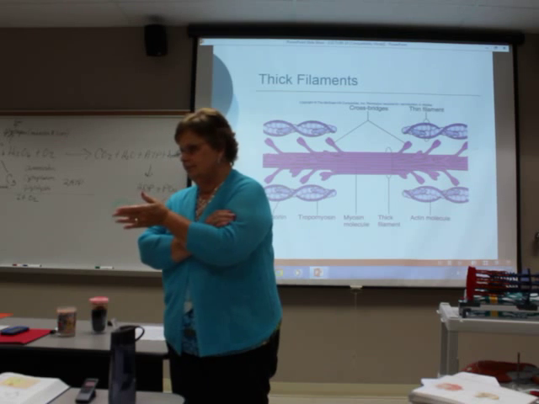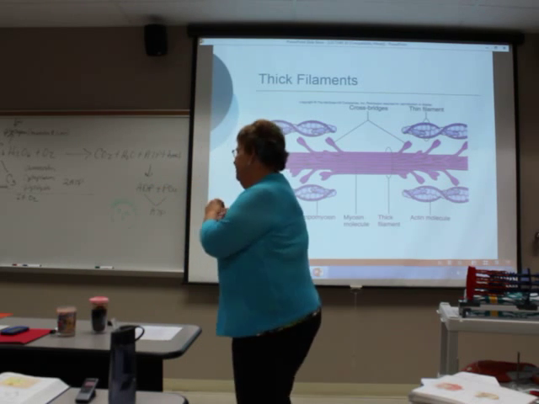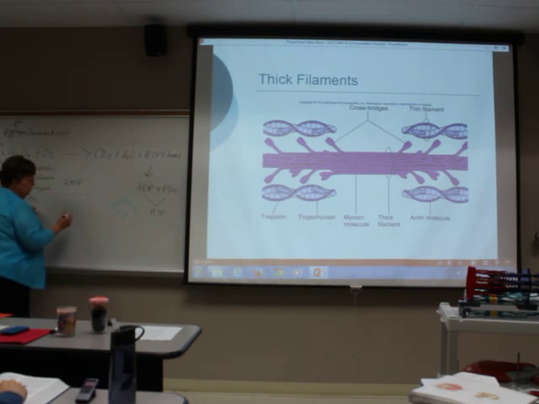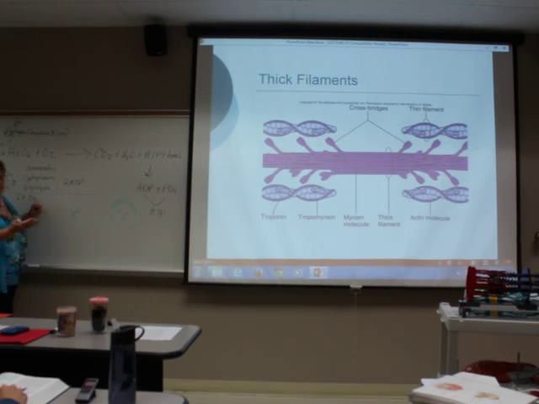For girls to have it, they have to get a copy from both their mom and their dad. Now we'll get into genetics in A&P too, but I'm just going to show you the difference here for a minute. This is an X chromosome, and we use a capital letter to denote the dominant trait. So I'm going to say D is the trait for dystrophy, and dominant says I shouldn't have it. Most people don't have it.